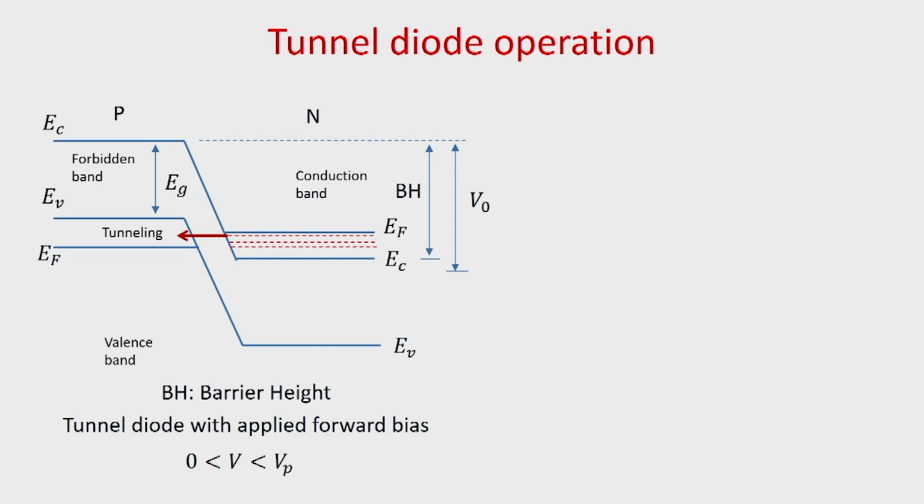When such movement of electrons takes place, this will result in a small current flowing in the device.